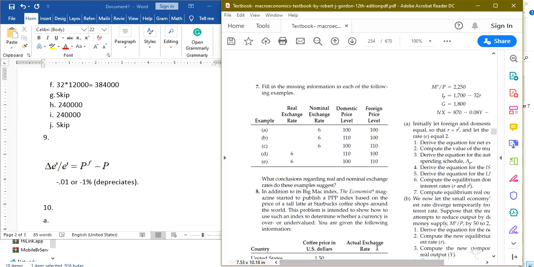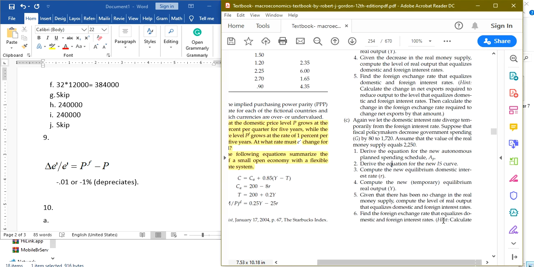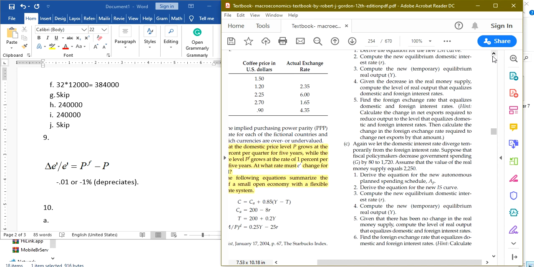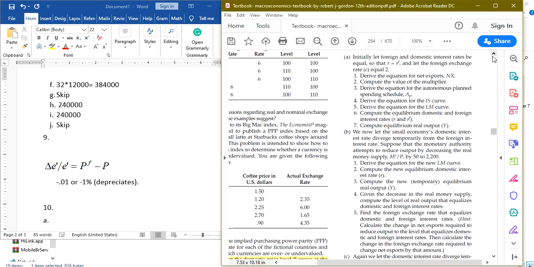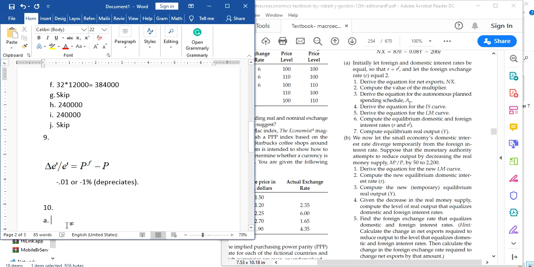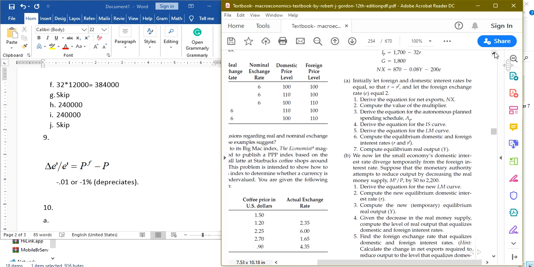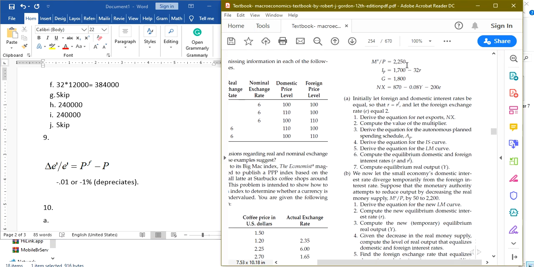Sorry for that, I went a little bit far. So the first part, A, is asking us to, and also we have net income over here, money supply, and all other specifications.